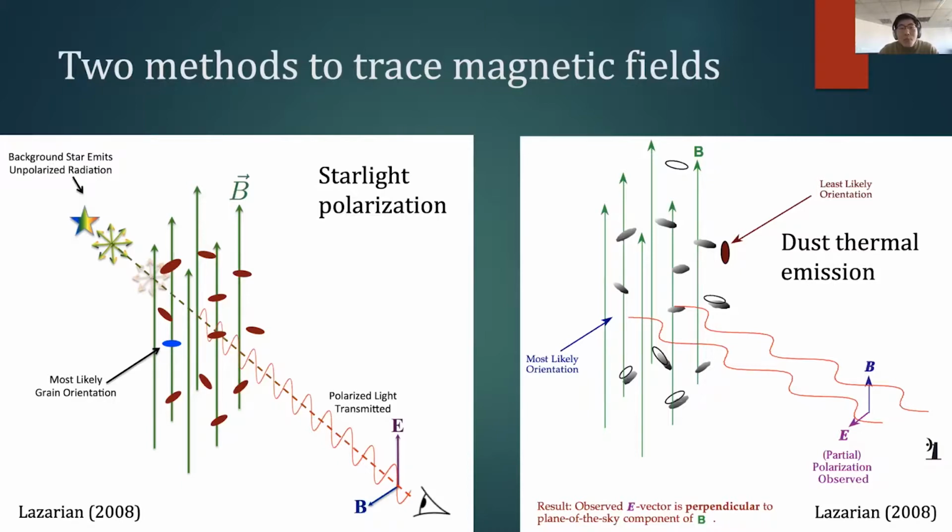The percentage of polarization is normally at the level of 1 to 2%. The polarization fraction is very low. So that's why submillimeter observation is so hard, since we need to integrate over a lot of observation time to get a very good signal for the polarization analysis.